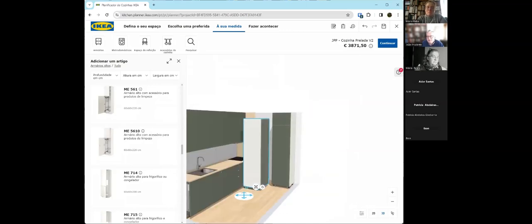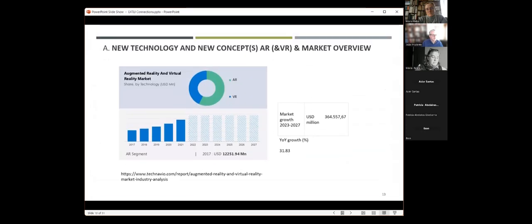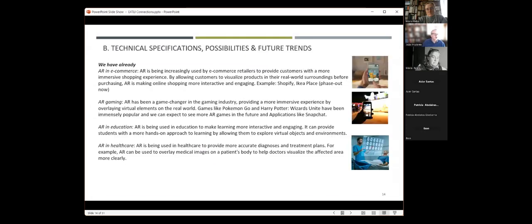So let's share our PowerPoint. So we use AR in gaming. Of course, we already talked about Pokemon Go and the Harry Potter game that was quite popular.